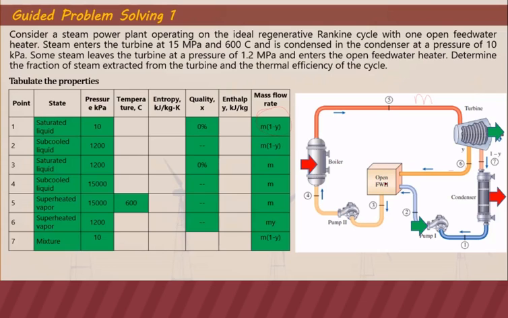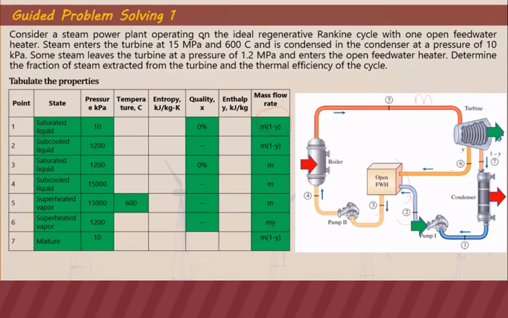So for points 6, 2, and 3 to mix here, since an open feed water heater is considered to be mixing, they have to be the same pressure. That's why 6, 3, and 2 have the same pressure.